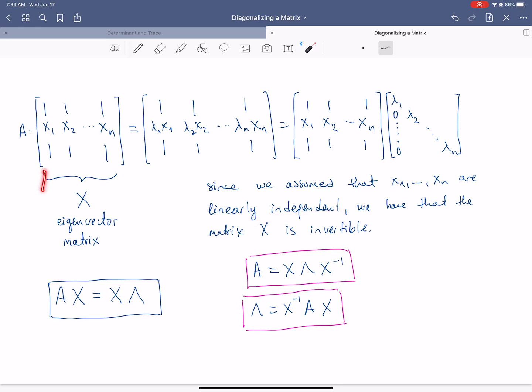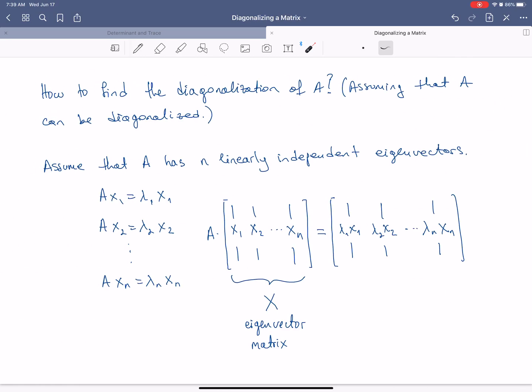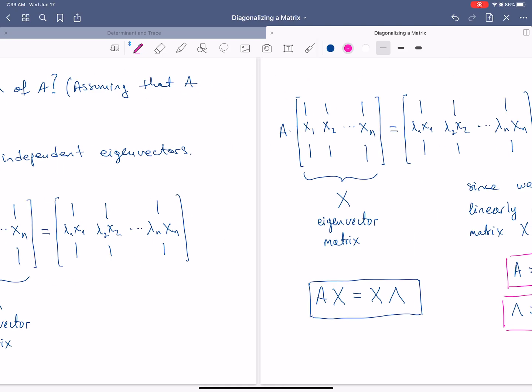So if I take x1, I can take any multiple of x1. Therefore, this matrix X is far from unique. So it's important to point out here that there is no single diagonalization, but rather the diagonalizations are infinitely many.